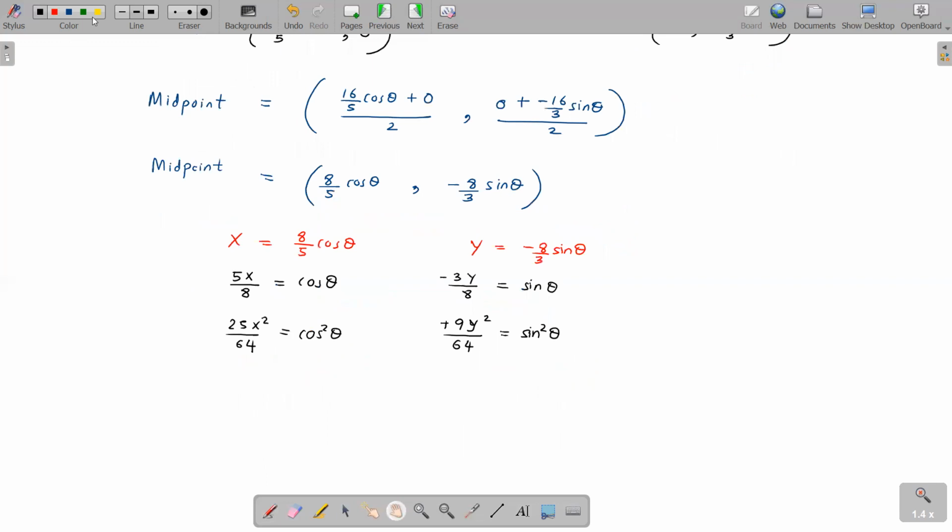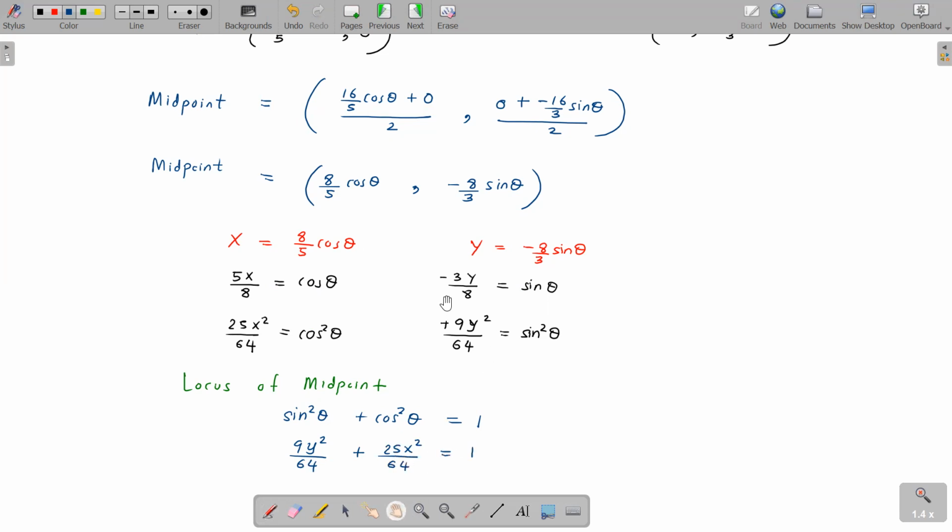So now it's time to eliminate it and give the locus, the locus of the midpoint. The equation is sine square theta plus cos square theta equals 1. Sine square theta is 9y square over 64. Cos square theta is 25x square over 64, equals 1.